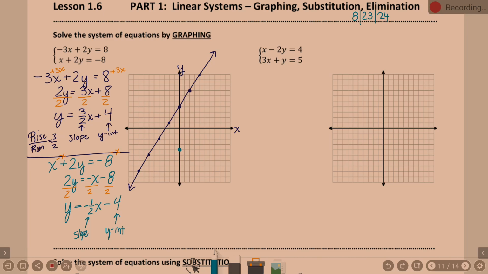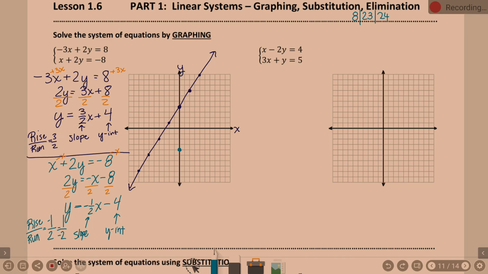How do I do a slope of negative 1/2? Rise over run. Options here include we could rise negative 1 and run positive 2, or we could rise positive 1 and run negative 2.